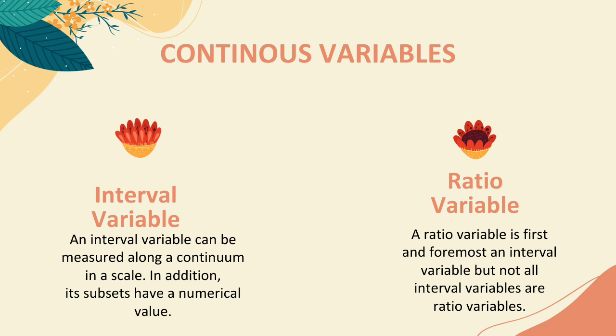Because ratio variables have the features of magnitude and order. In addition, a ratio variable has an absolute 0 point. Examples of a ratio variable include test scores, height, and weight. Temperature measured in Kelvin can be said to be a ratio variable because 0 Kelvin indicates that there is no temperature whatsoever.